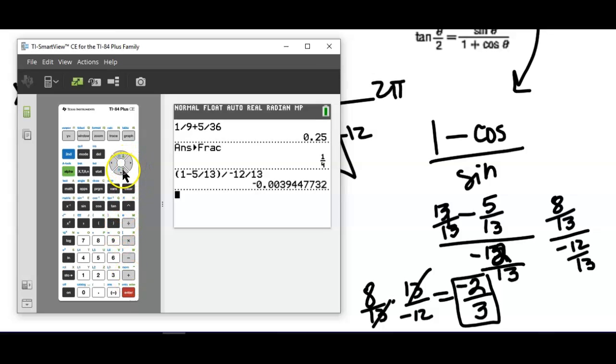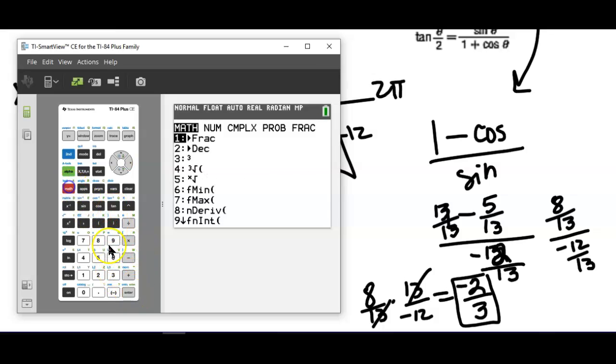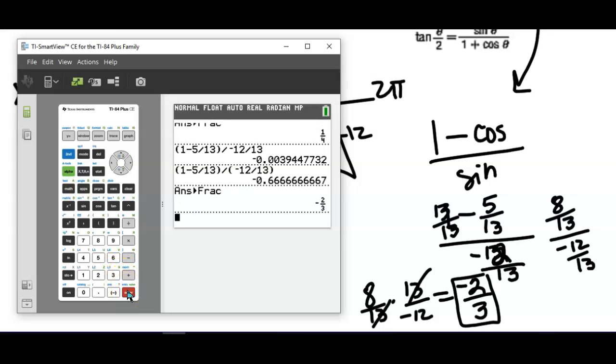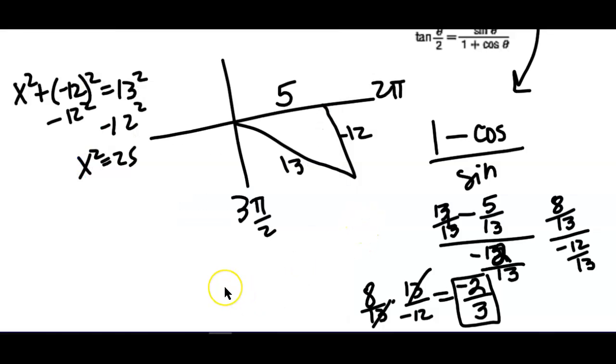I think I need parentheses around the denominator. Insert a parenthesis. Math, enter, enter, was negative 2/3. Okay.